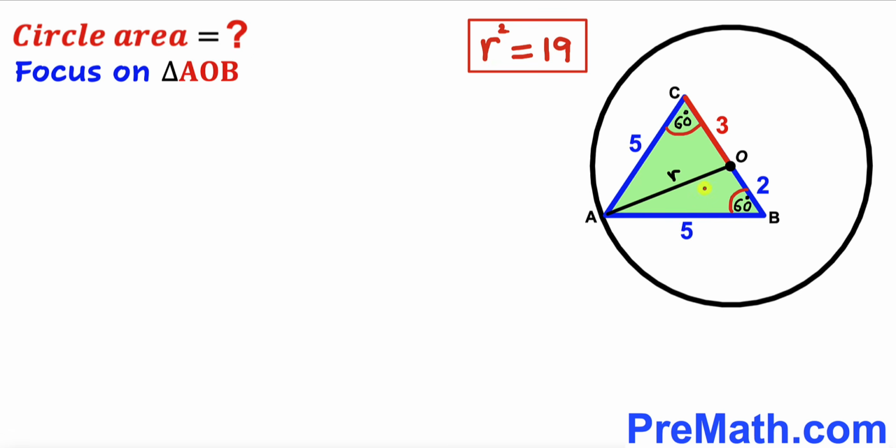Now you might be wondering, what if we use the other triangle AOB? We are going to focus on triangle AOB as well, whose side lengths are r, 2 and 5, and the angle is 60 degrees.